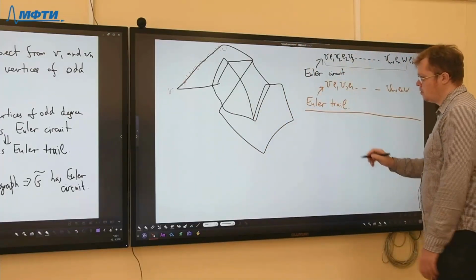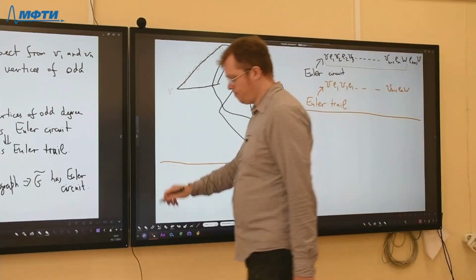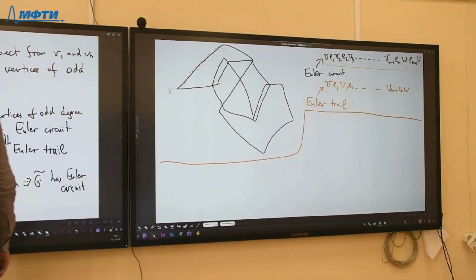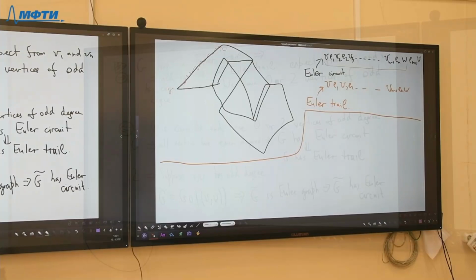So if we have already proven the criterion for the Euler circuit, then we can get the Euler trail easily from that.